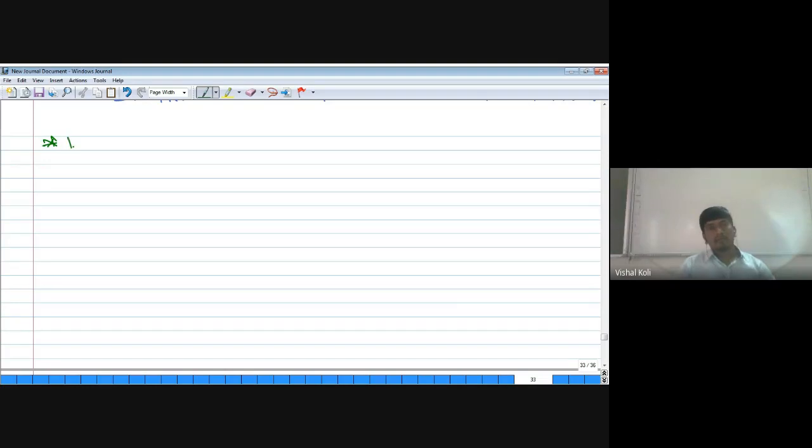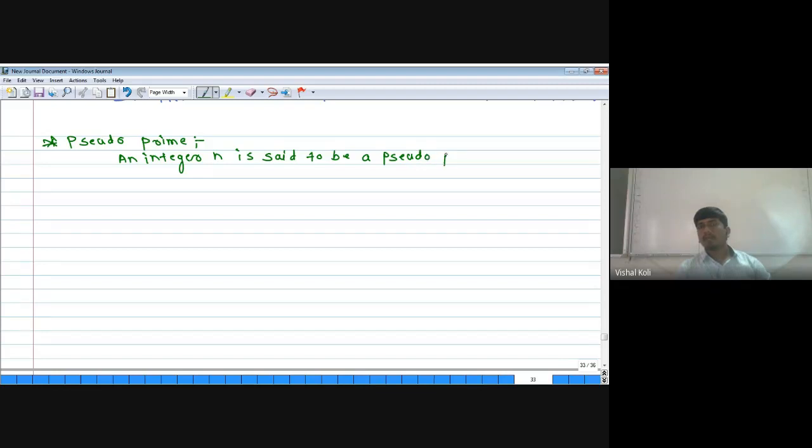Okay, now the next concept will be pseudo prime. First, let us see its definition. An integer n is said to be a pseudo prime if 2 to the power n is congruent to 2 modulo n.